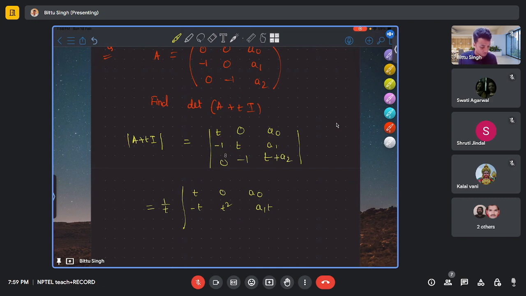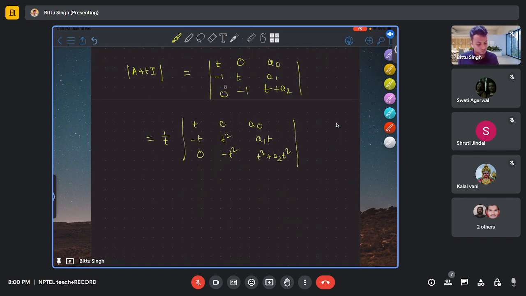And similarly, if you multiply t square with the third column, then it will become 0, minus t square, and this is t cube plus a2 t square. So we have multiplied t square with the third column.